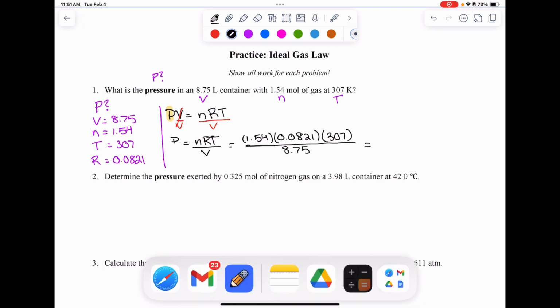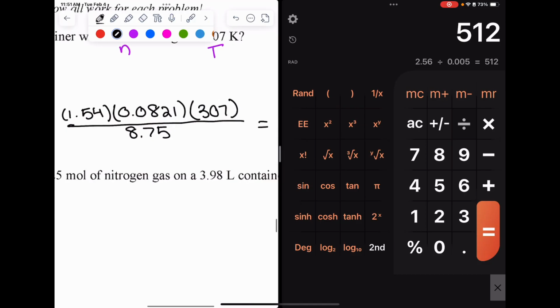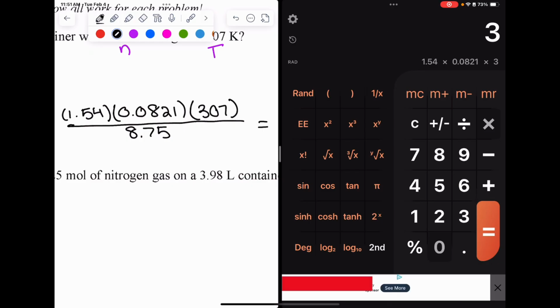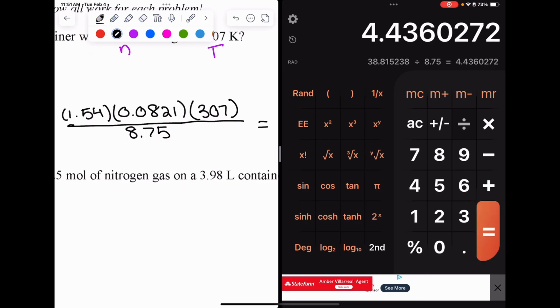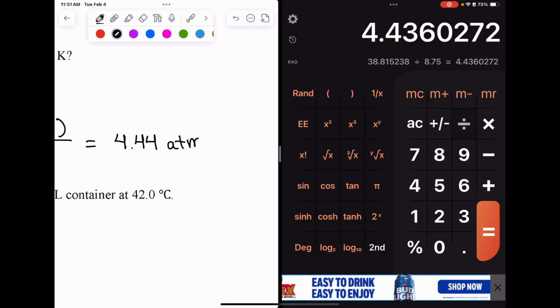And using our calculator to plug this in, we have 1.54 times 0.0821 times 307 divided by 8.75 is a total of 4.44 ATMs, atmospheric units, because this is pressure.